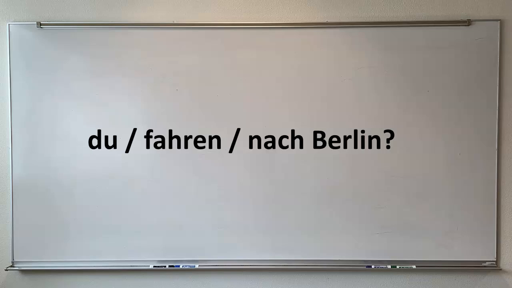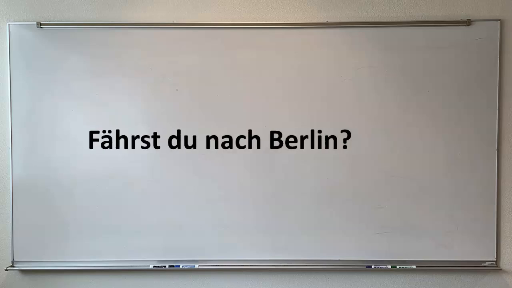Okay, here's the next one. We want to ask a question. How would you ask somebody, are you driving to Berlin or are you going to Berlin? So remember, for questions, we reverse the word order, so the verb form will be first, then the subject pronoun. So pause if you need to jot it down, and the answer is Fährst du nach Berlin?